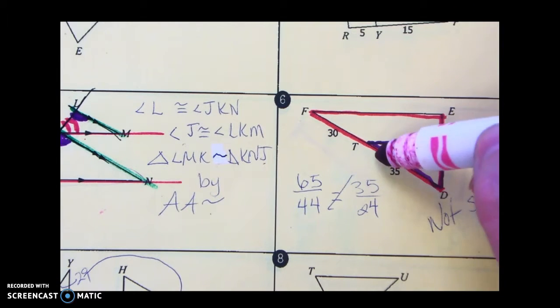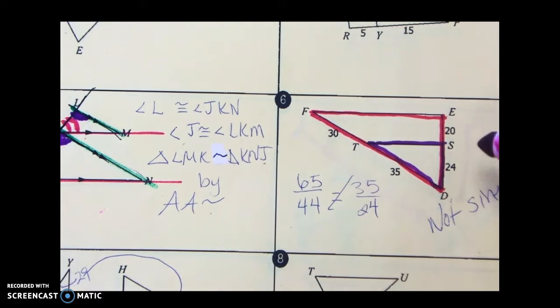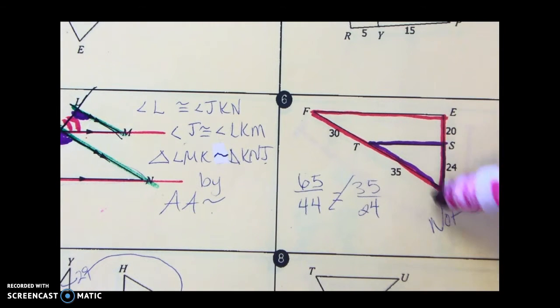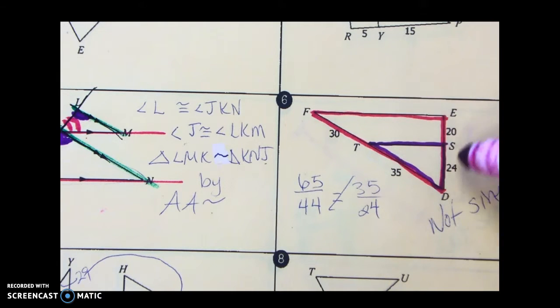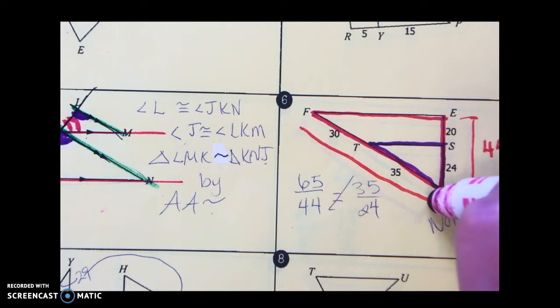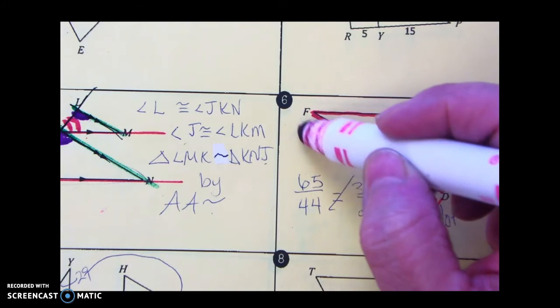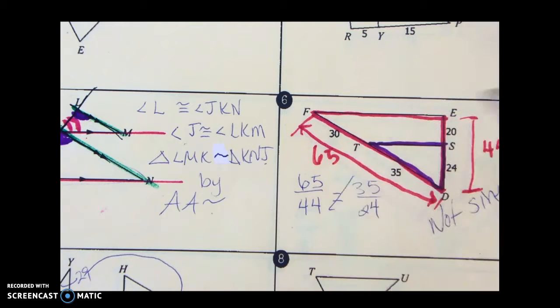That's because this side is part of both of the triangles. So I have the smaller triangle and then the bigger triangle. And let's not forget the sides of the smaller triangle. From here to here, it's going to be 44. And then of the larger one, from here to here, is going to be 65.